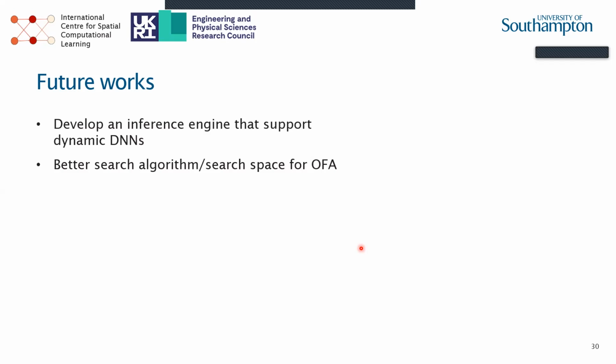Another direction is to think about a better search algorithm or search space for OFA. As I mentioned before, there is a work in ICLR 2021 called Compound OFA, which was published just a few months ago.